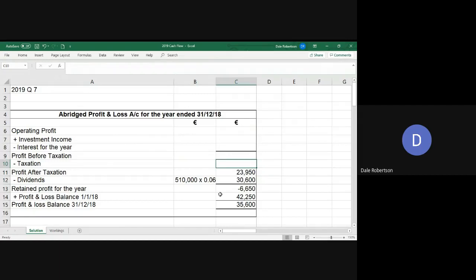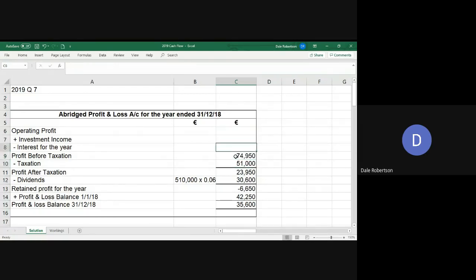It says tax on profits for the year was 51,000. We can simply put 51,000 in there. And then something minus 51 gives you 23. So we add these back to get, well, that's going to be 74,950.